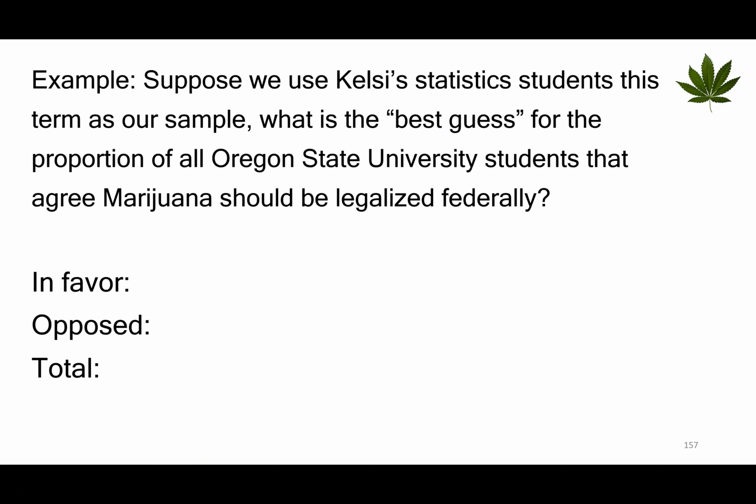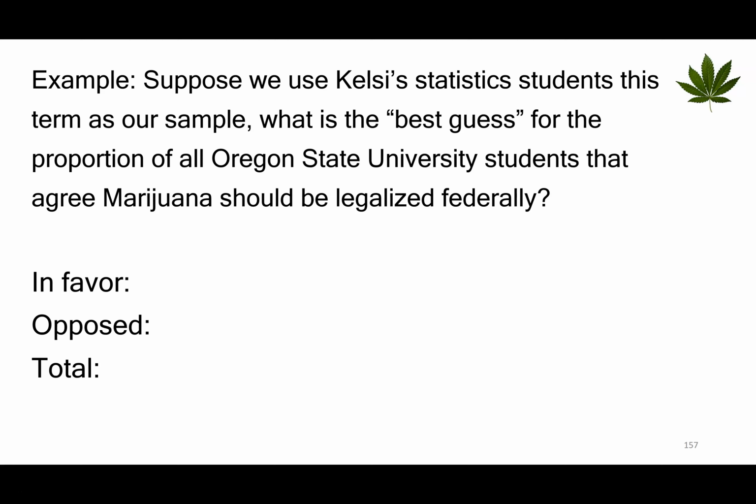Okay, so back to this marijuana example. I used the student survey at the beginning of the course and asked students, what are your opinions? Do you think that marijuana should be legal recreationally at the federal level? I combined all 3 of my classes that I'm teaching this term.